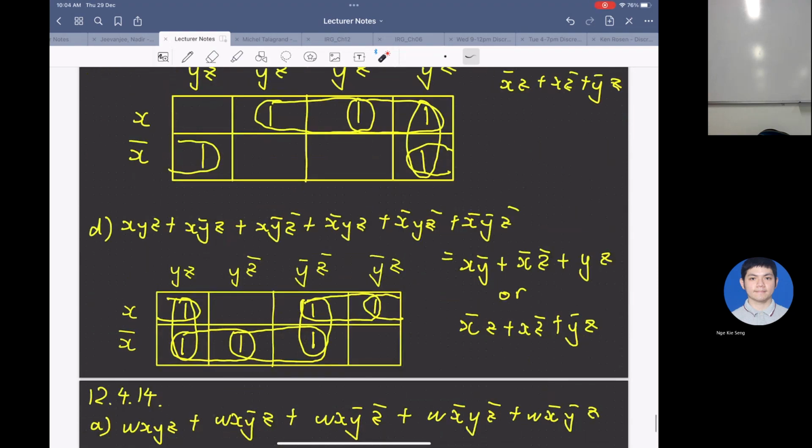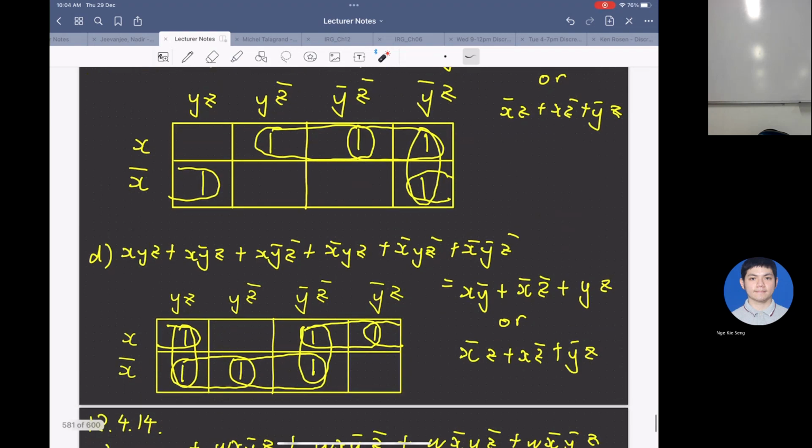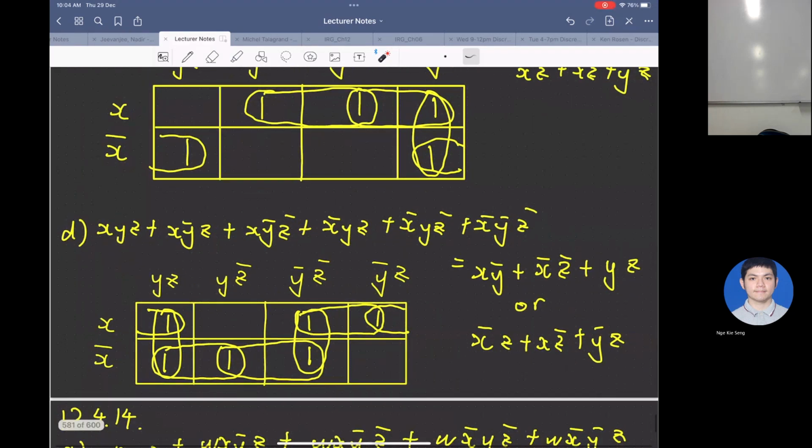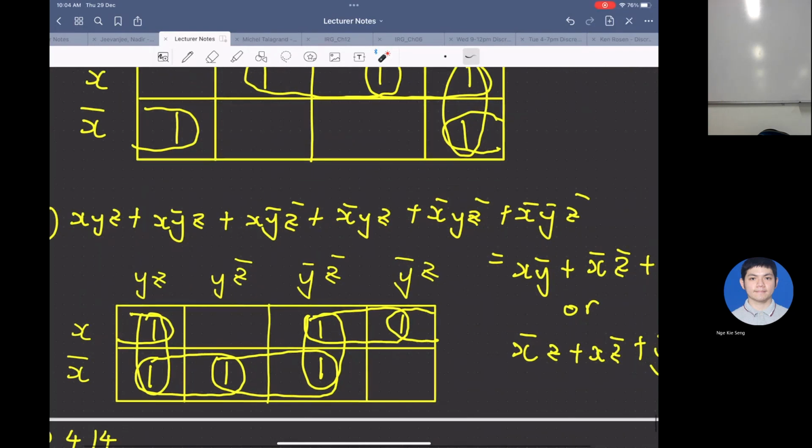So how about this? Let's look at this example here. I have 1, 2, 3, 4, 5 blocks here. Are these essential primes or not? Which are the essential primes?